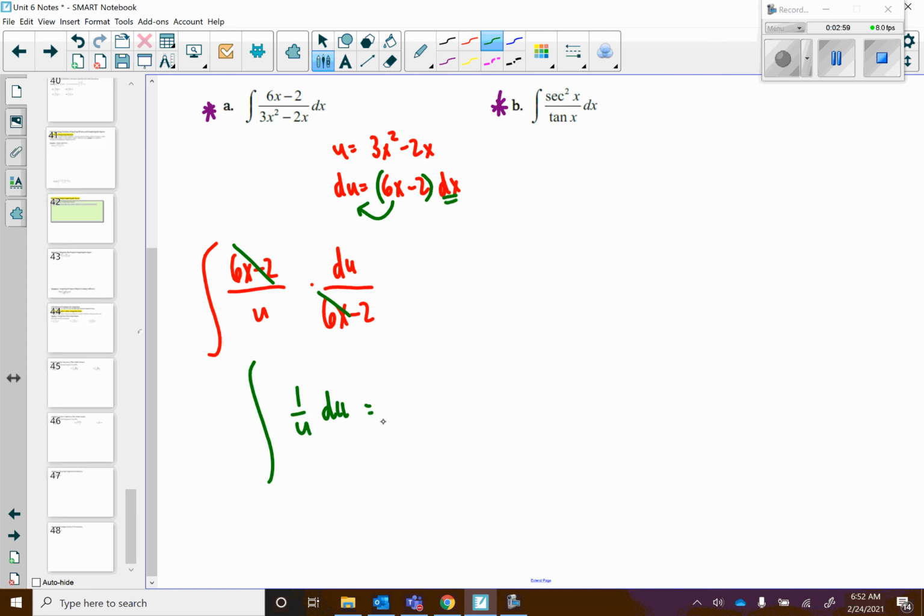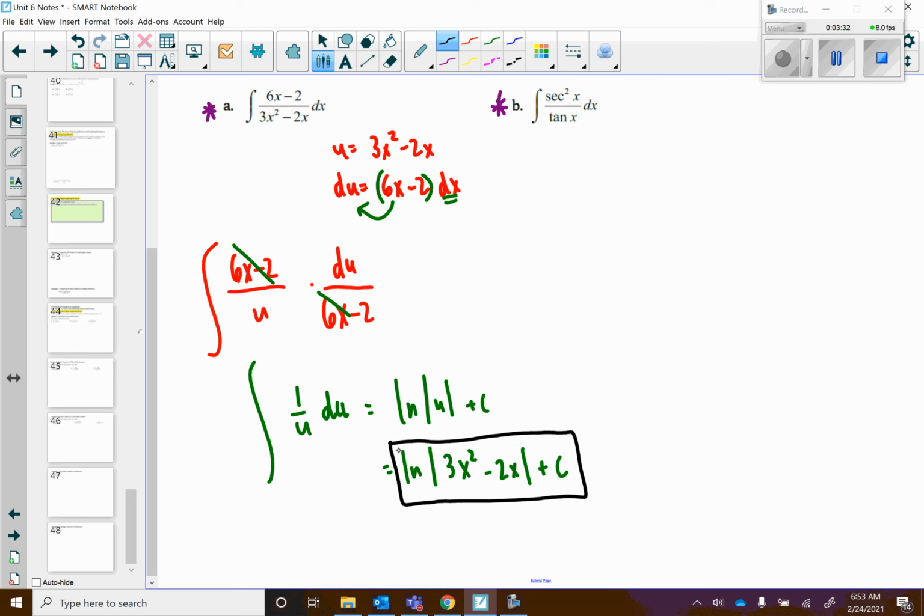If you remember, the integral of 1 over a number is the natural log of that number. So we're looking at the natural log of the absolute value of u plus c, and we substitute back in our u, our 3x squared minus 2x.